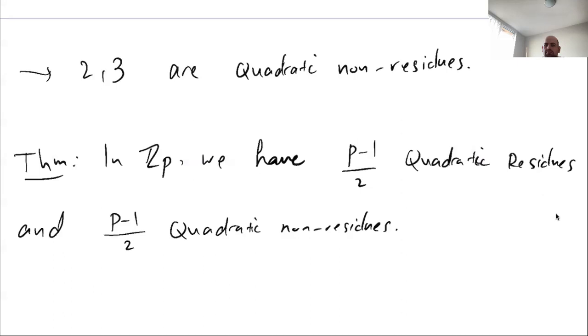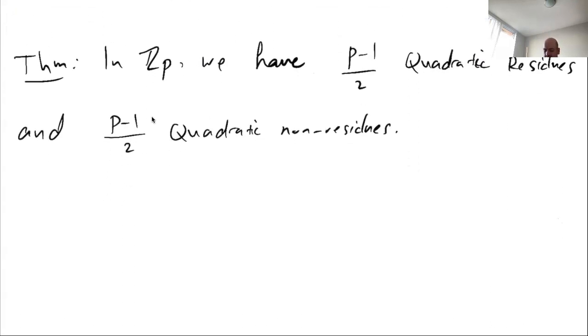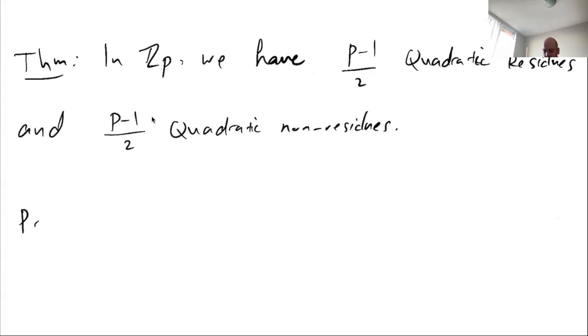Okay, so let's see how we can prove this theorem now. The idea is the same as what we did for Z5. Quadratic residues means all numbers of the form b squared, and of course, except 0. So again, let's put 0 aside. And what will be left for us? Proof.